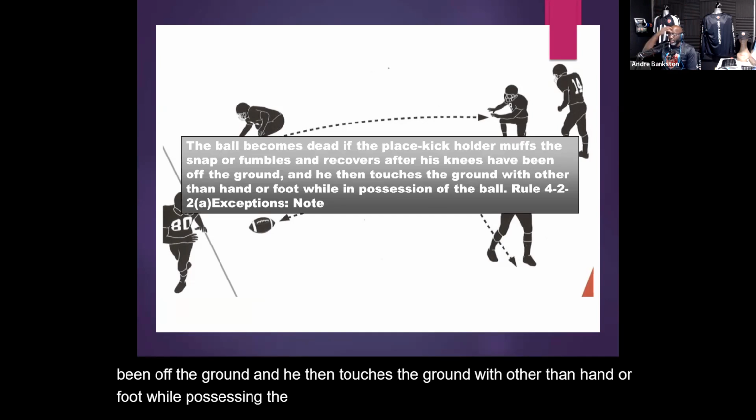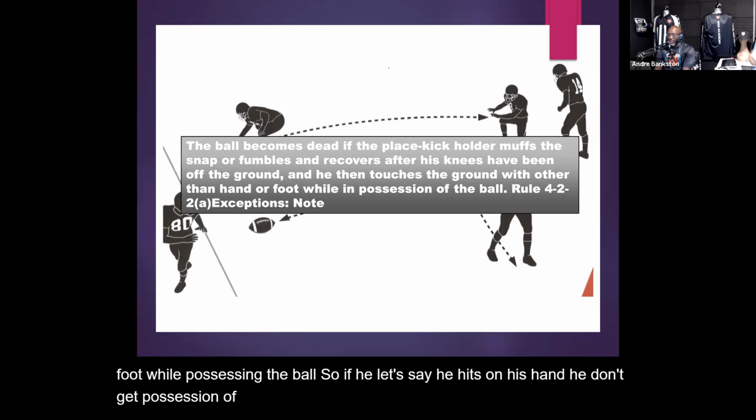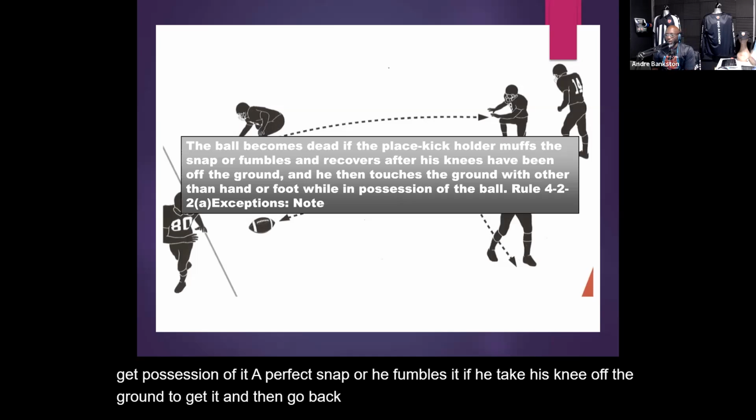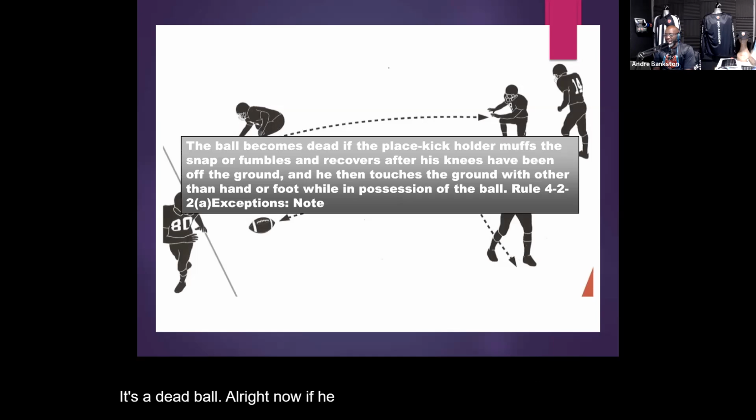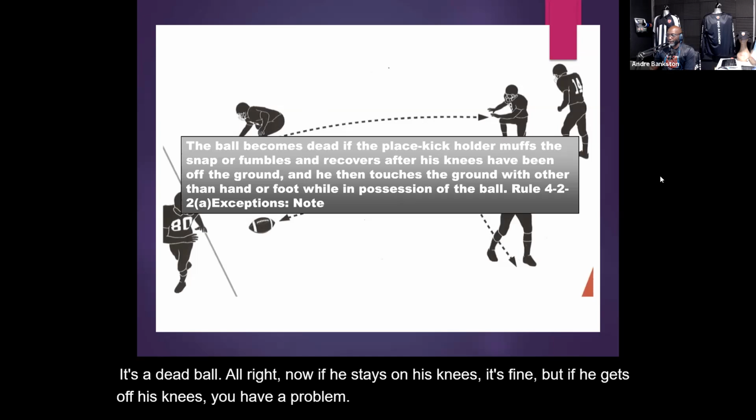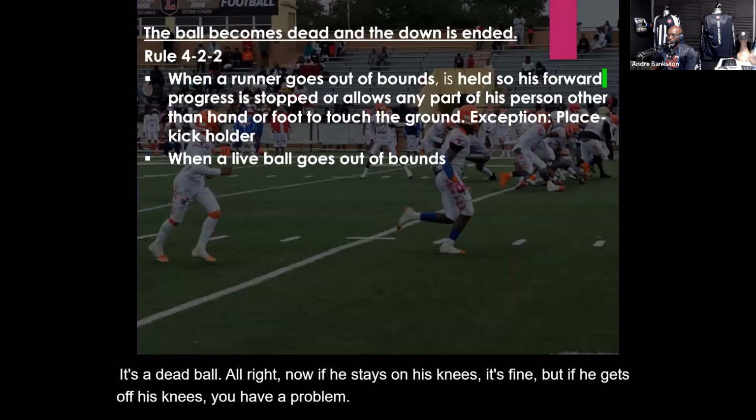So if he hits it with his hand, doesn't get possession of it on a perfect snap, or he fumbles it, and he takes his knee off the ground to get it and then goes back down, it's a dead ball. Now, if he stays on his knees, it's fine. But if he gets off his knees, we have a problem.